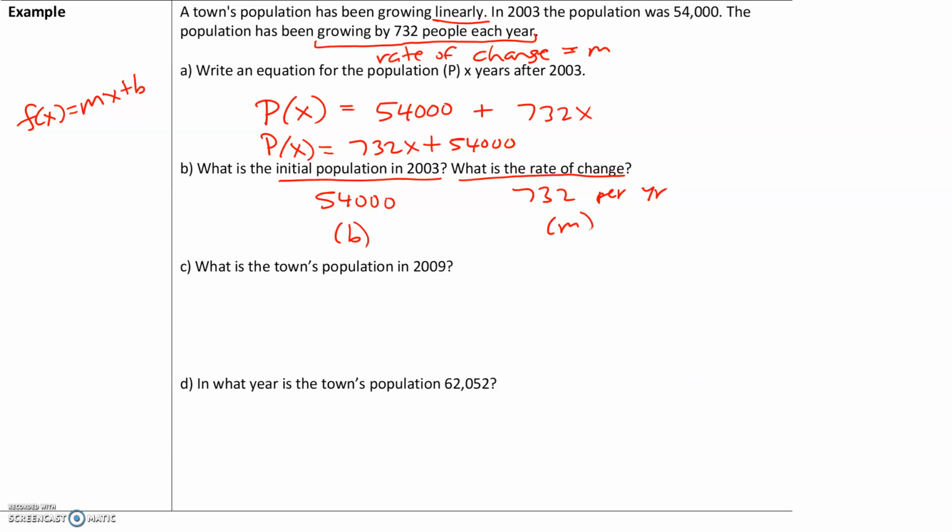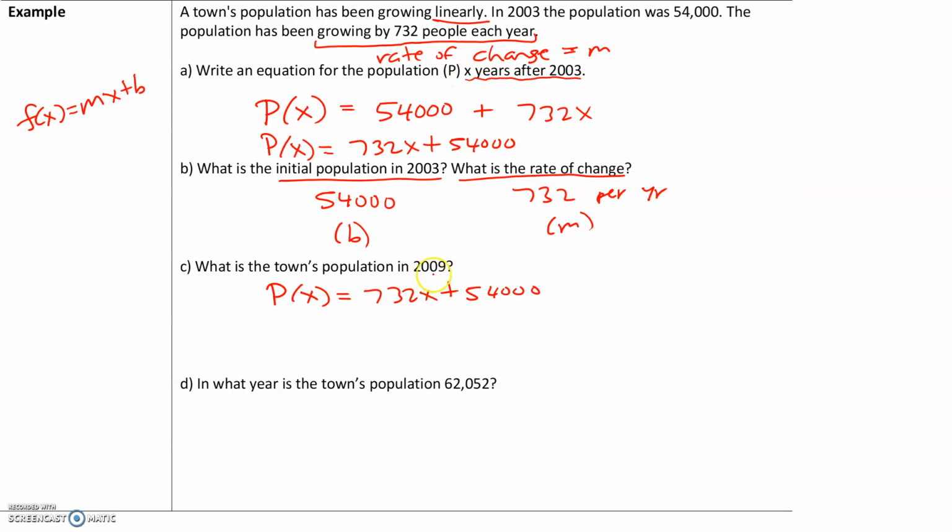Now let's find the town's population in 2009. So our equation is P of x equals 732x plus 54,000. Now remember, x is the number of years after 2003.